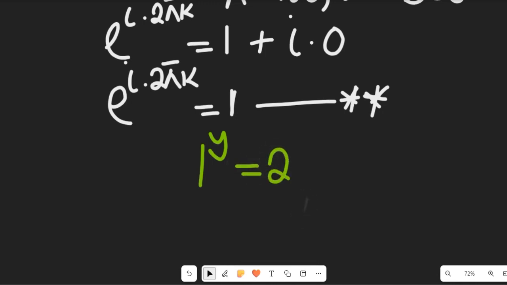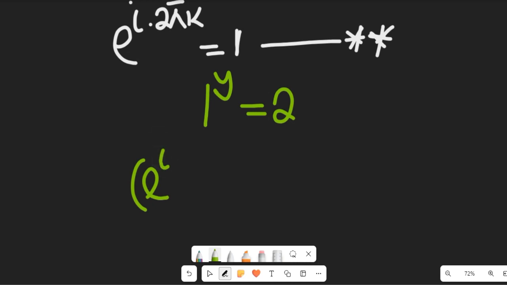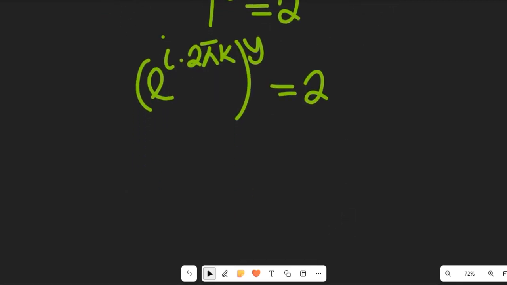So we can easily take that 1 to become e to the power of i multiplied by 2 pi k, all to the power of y is equal to 2, because our 1 is exactly equal to this. So when we simplify this, we're going to find the value of y.